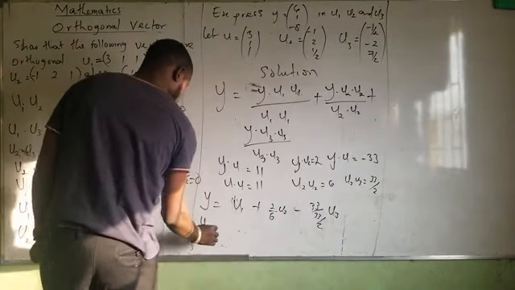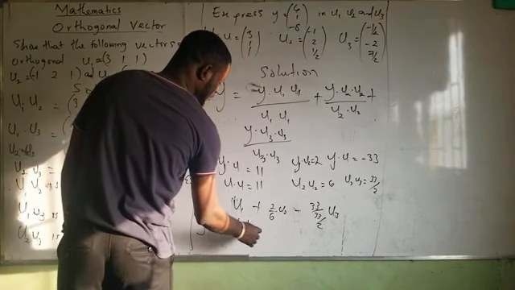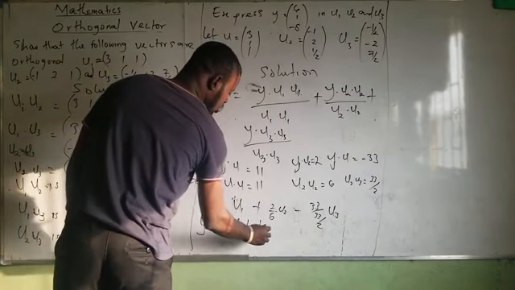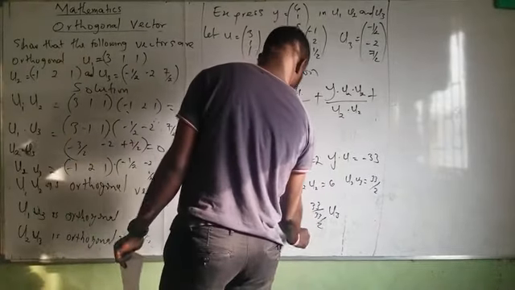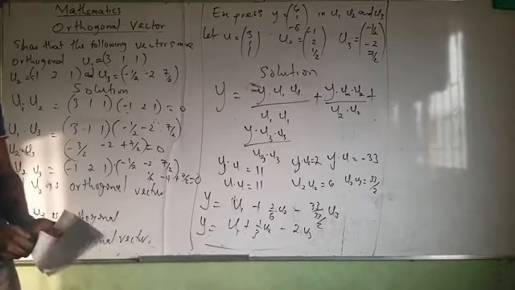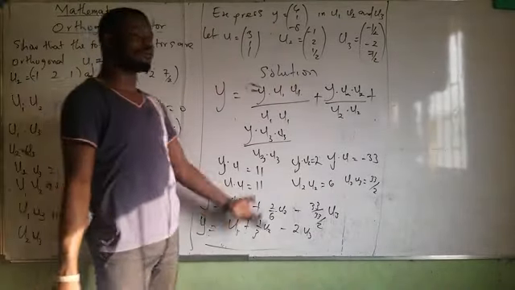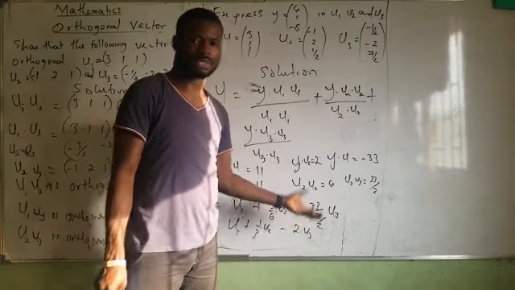This will be equal to u1 minus 2 u2 minus 2 u3. That is the set I'm talking about. Can you see? This is a set of values that are orthogonal.